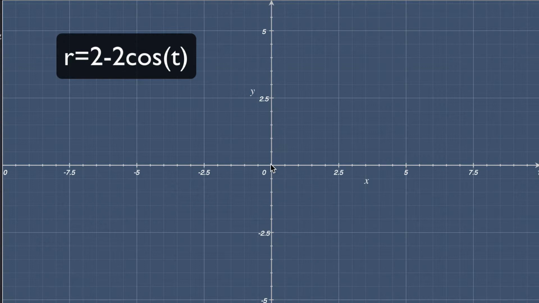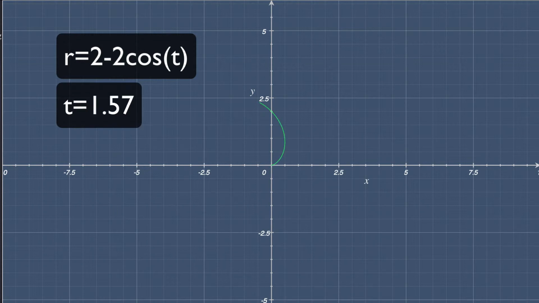And then as theta gets larger, cosine's getting smaller, so we get further and further out, closer to 2 as theta gets close to pi over 2. Cosine of pi over 2 is 0, and 2 minus 0 would be 2. So our curve should kind of curve out like this. As theta approaches pi, cosine approaches negative 1, so that'd be 2 minus 2 times negative 1, which is positive 4. So the radius there would be 4 when I get close to pi.